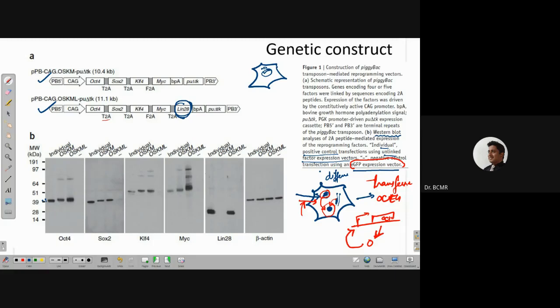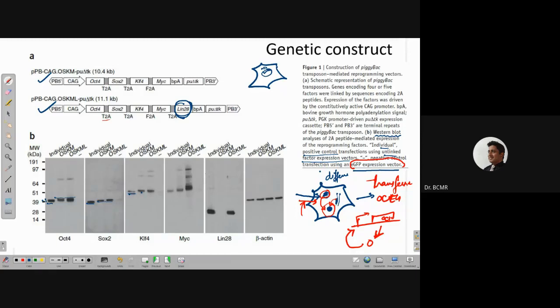So there is one question, however. In this case, the normal one is here and the other ones are a little bit higher, right? The individual one again in SOX2 is also here, and from OKSM or OKSML vectors, the band is a little higher, indicating that there is a small increase in size.